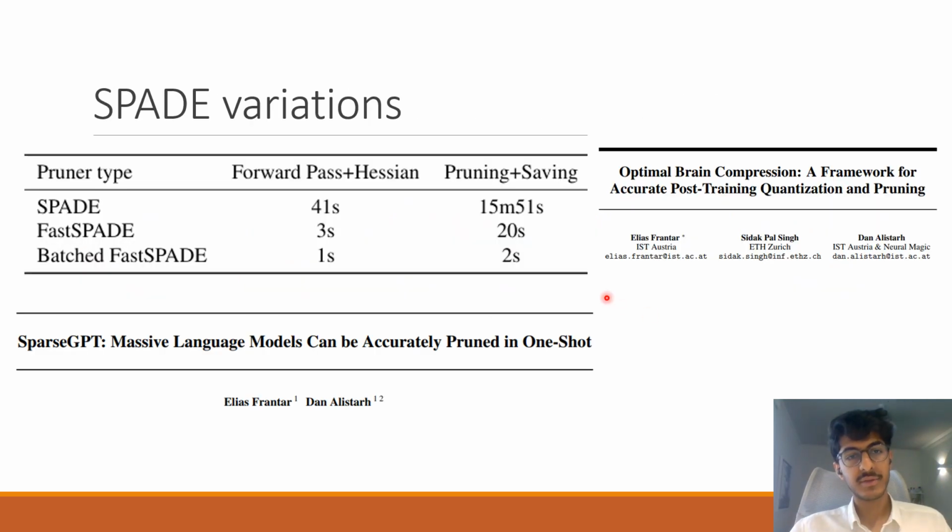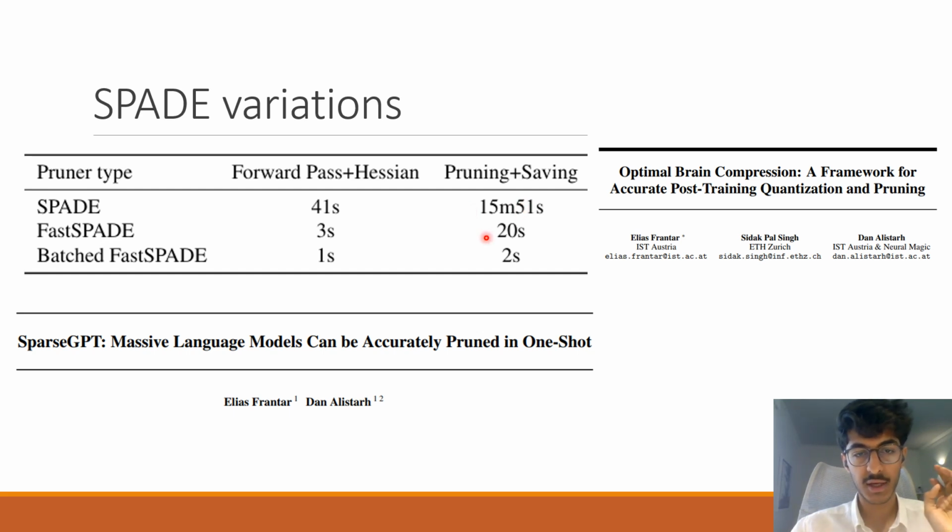Okay, so let's talk about different SPADE variations. Variations come from the pruning method we were using. We used two different methods, mainly Optimal Brain Compression, which is a bit slower and took about 16 minutes per sample.